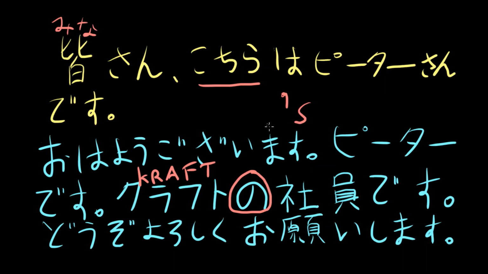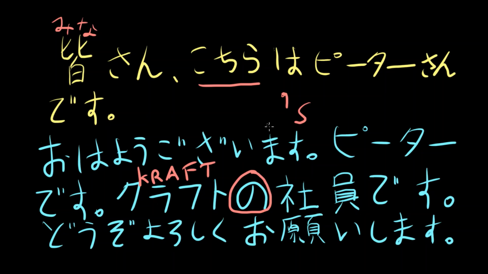So if I said, 私の本です. So 本 being a book. 私の本です means my book. Or Peter の本です is Peter's book. In this case, クラフトの社員です. It means like Craft's employee. Or in this connotation, it's like I'm an employee of Craft.